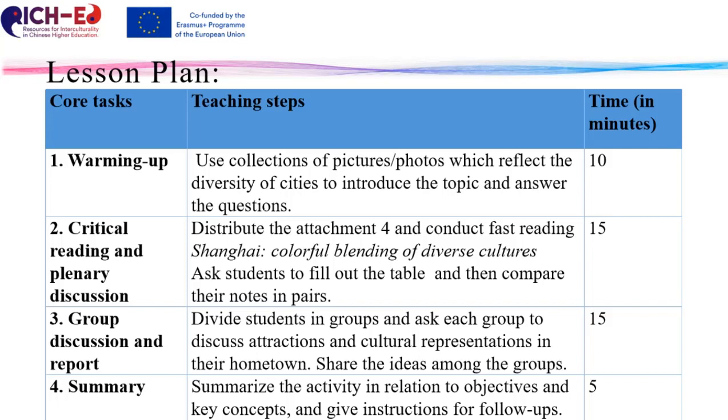Try to find one metropolis from each of these cultural regions. Have students describe and study the pictures and compare the features of these metropolises with the features of their hometown, and ask them, if you were to recommend one feature, which would be the one that impressed you most.